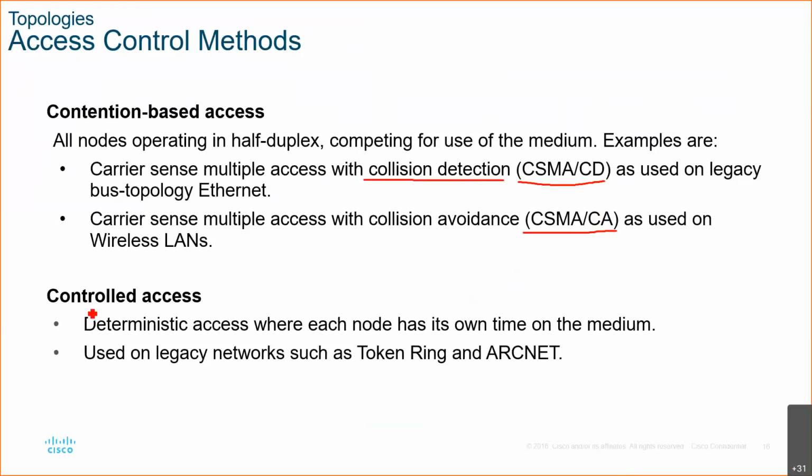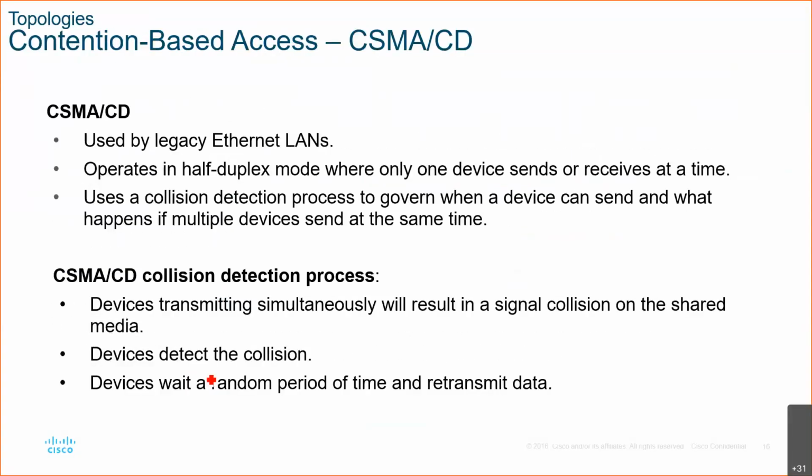Besides this, we also have old systems like control access used in Token Ring and ArcNet. But now let's go to CSMA-CD, used by certain legacy Ethernet local area networks. Okay. And it has got a collision detection process.